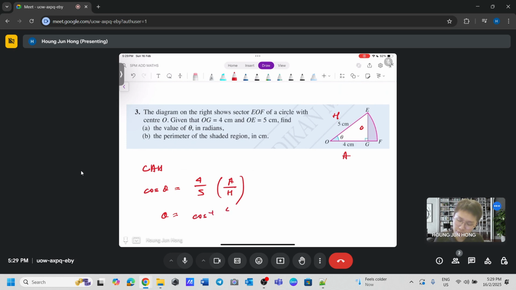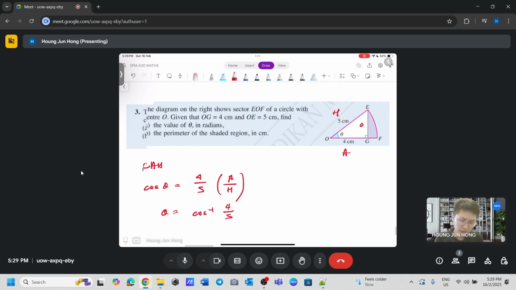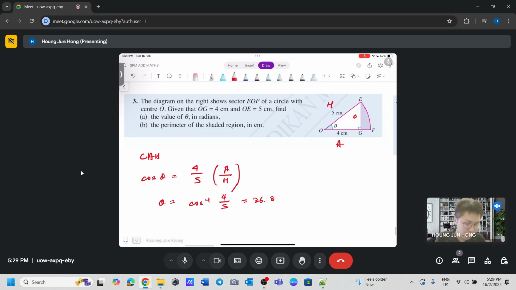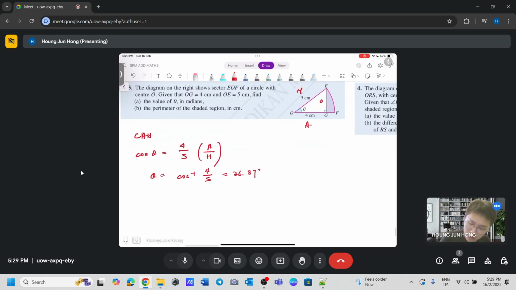Shift cos 4 over 5. You get 36.87. And again, always remember to convert. So this thing over 180 multiplied by 3.142, 0.6436 radian.